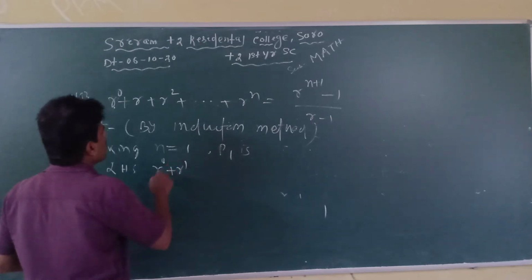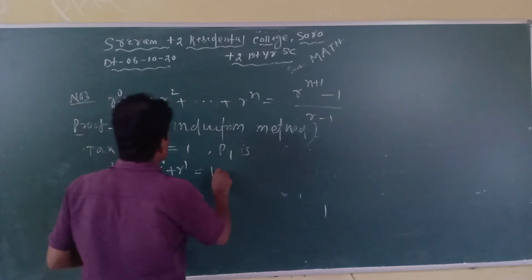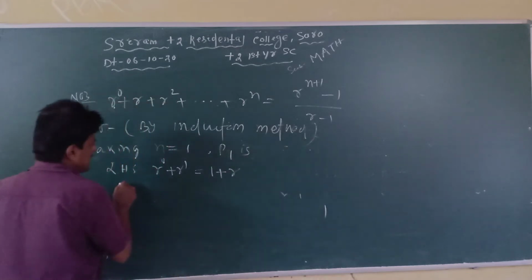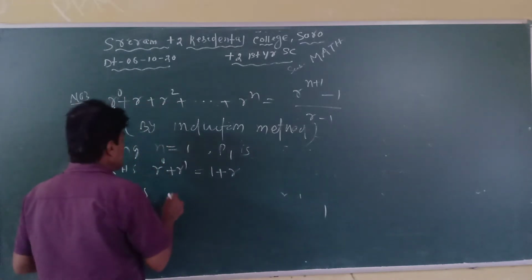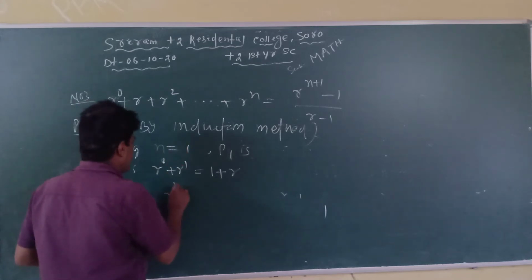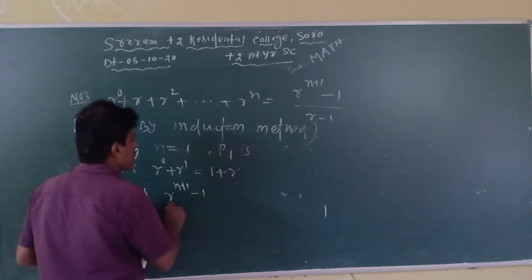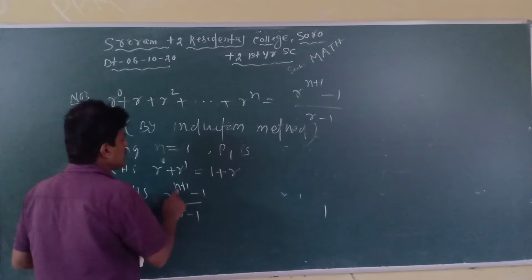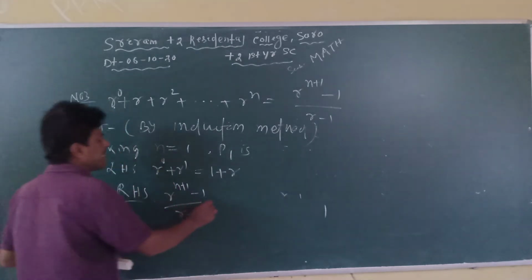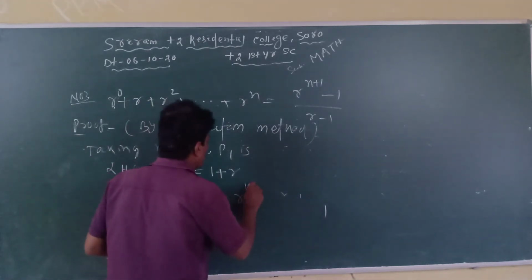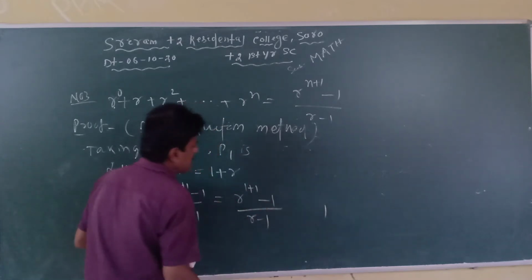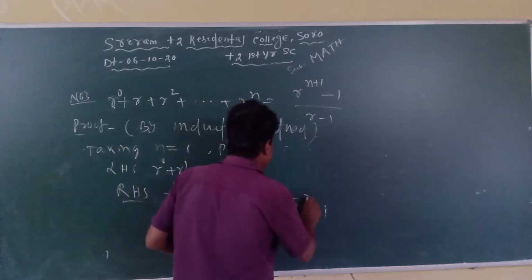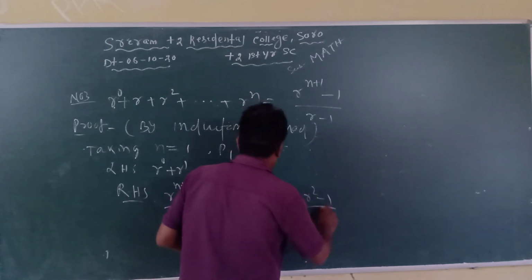N equal to 1 means r to the power 0 plus r to the power 1, that is 1 plus r. So RHS is (r to the power n plus 1 minus 1) by (r minus 1). Put n equal to 1: (r to the power 1 plus 1 minus 1) divided by (r minus 1), that is equal to (r square minus 1) divided by (r minus 1).